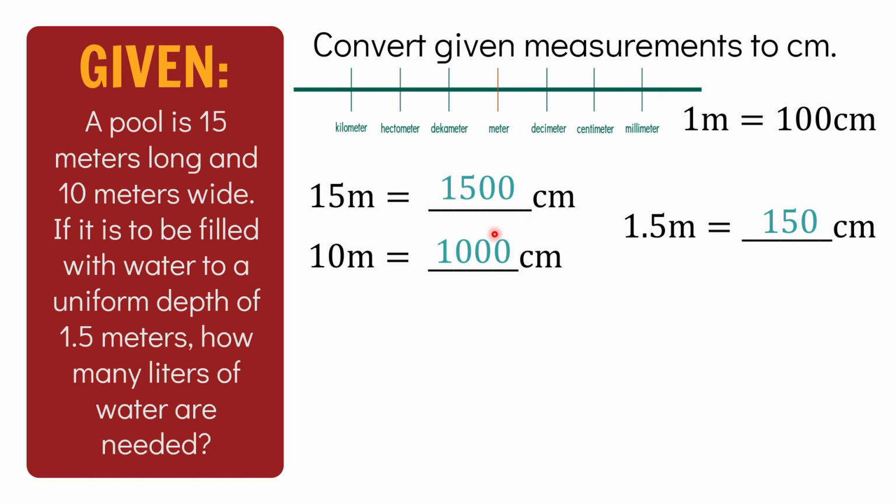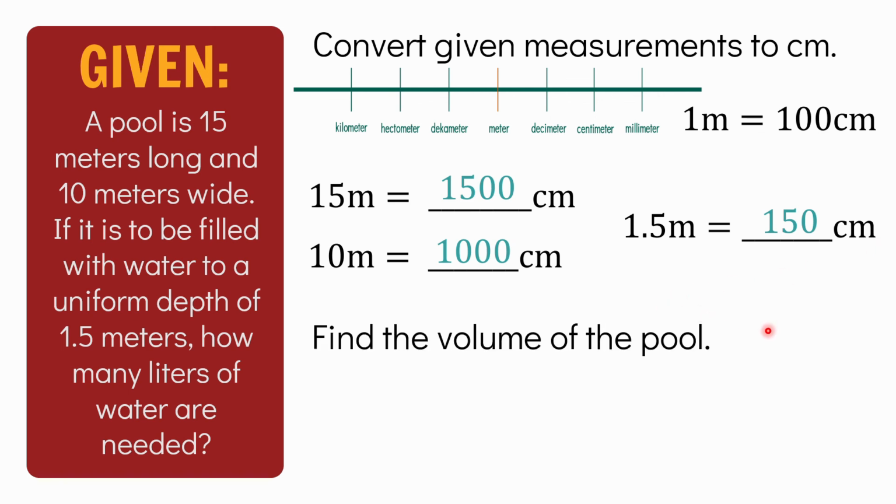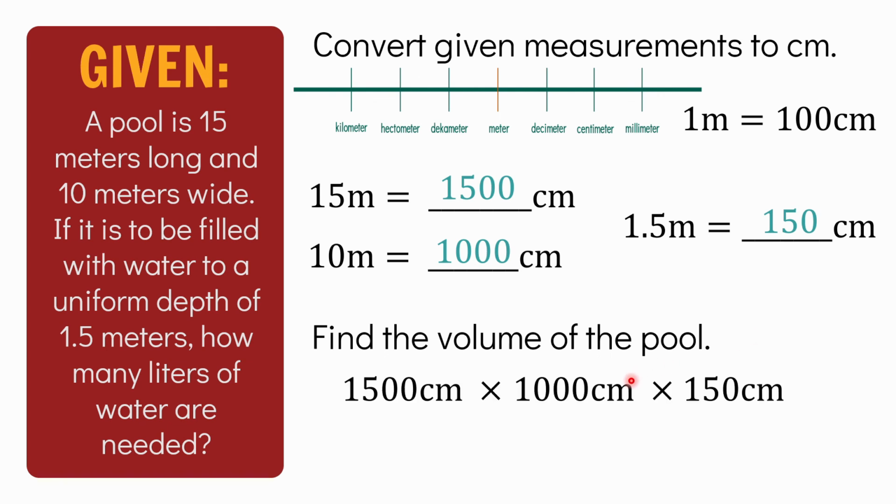Now that we have converted the given measurements to centimeters, the next thing that we will need to do is to find the volume. All we have to do is to multiply all the converted measurements.